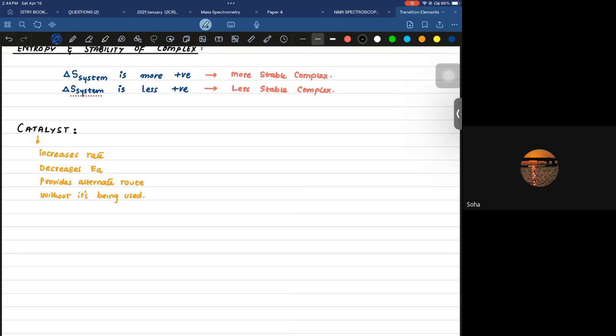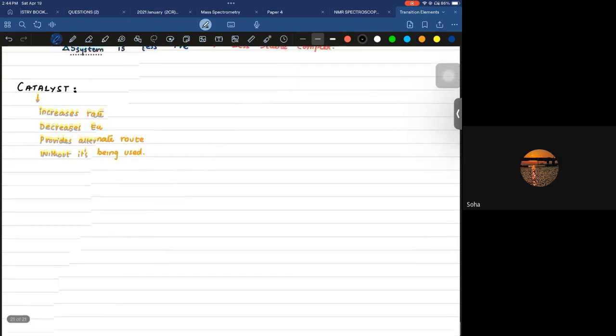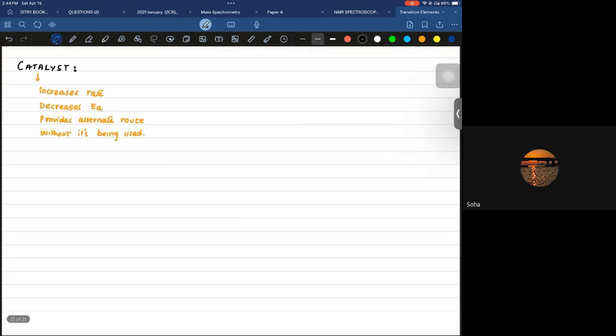So we have two types of catalyst. Number one, we have homogeneous catalyst, then we have heterogeneous catalyst.